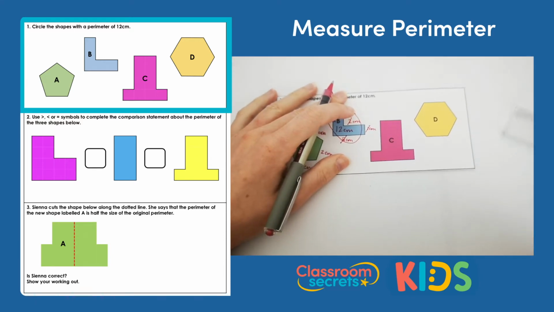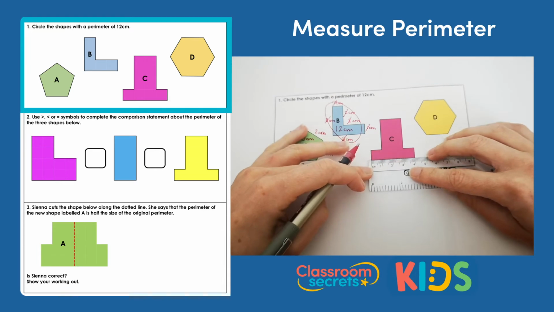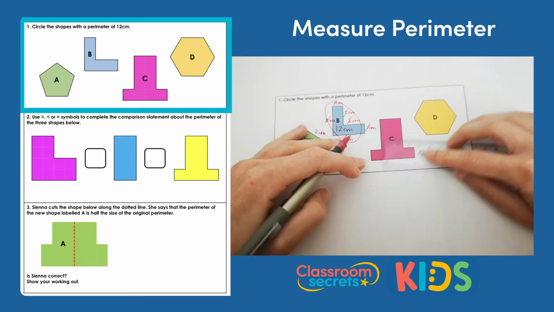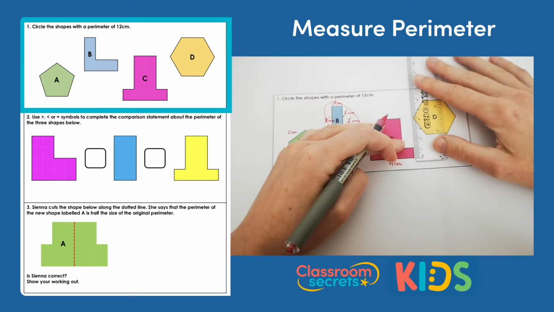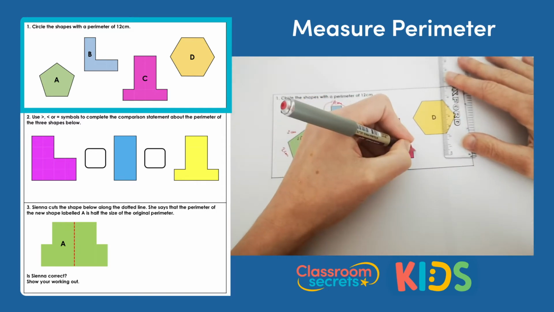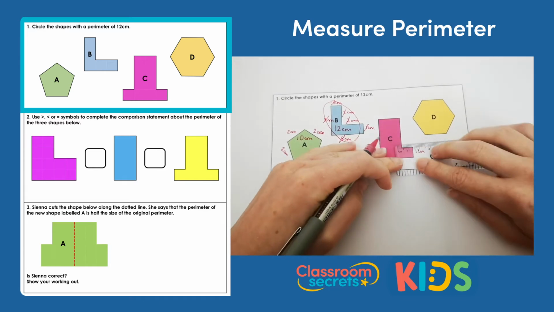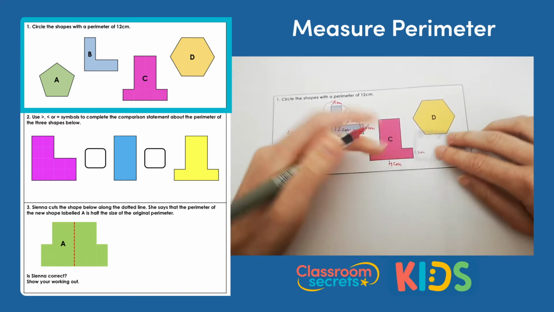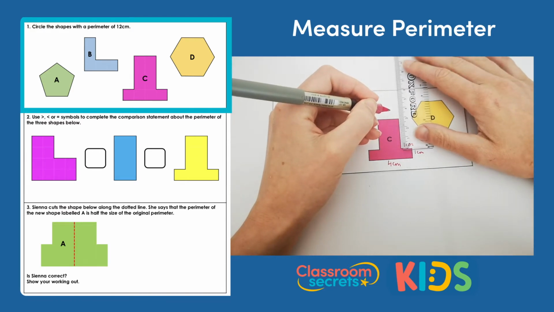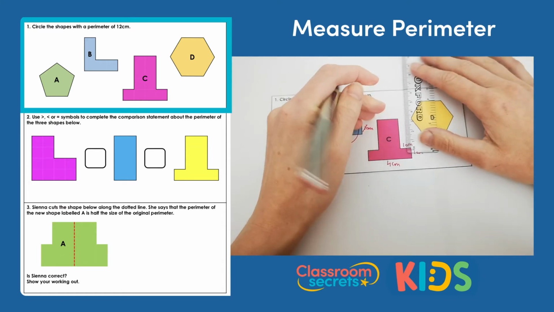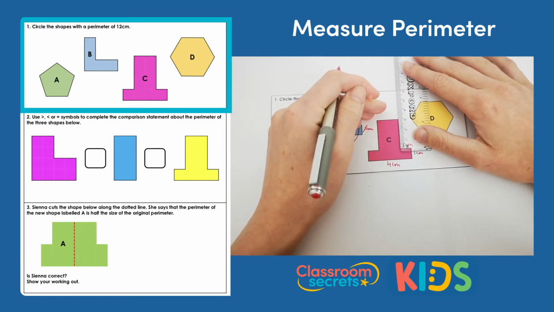So moving on to shape C. That's 4 centimetres. That's 1 centimetre. That's 1 centimetre. That's, oops, I struggle to see that.